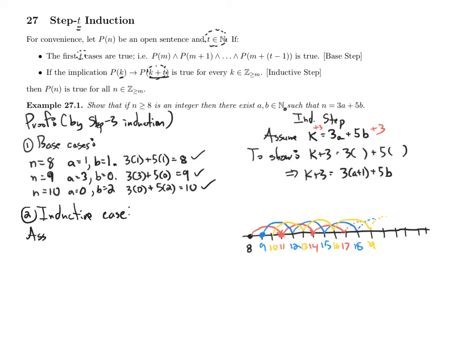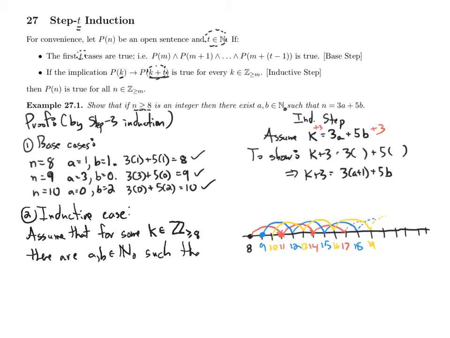We're going to assume that for some k in our domain set, so remember we're looking at values greater than or equal to 8, so it's going to be the integers greater than or equal to 8, there are some whole numbers a and b such that we can write k as a 3's and b 5's.